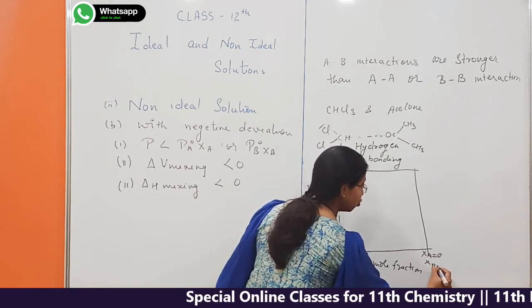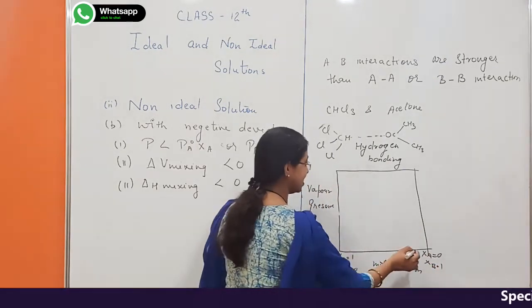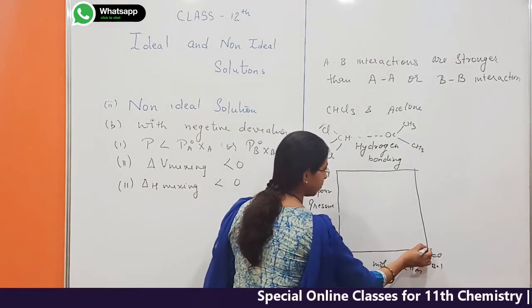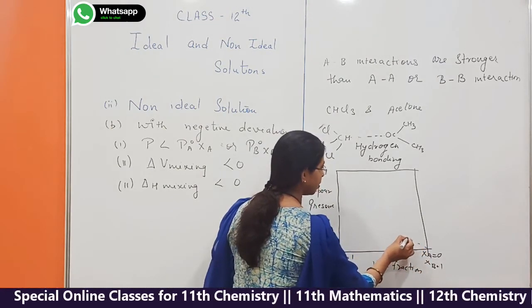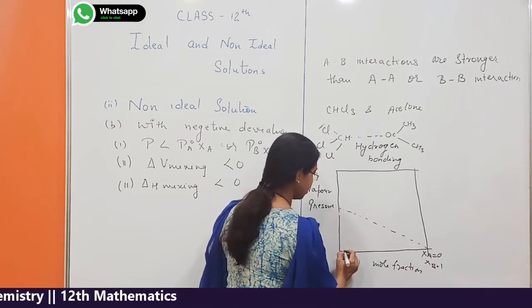You just need to make one or two modifications and you can easily learn them. This dotted line is for ideal solutions.